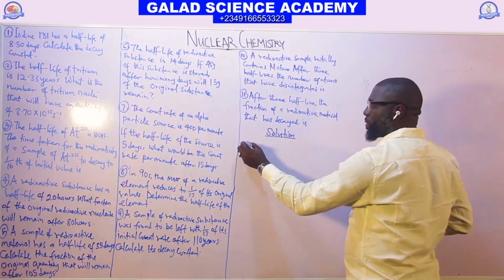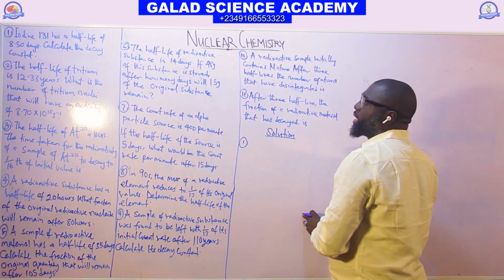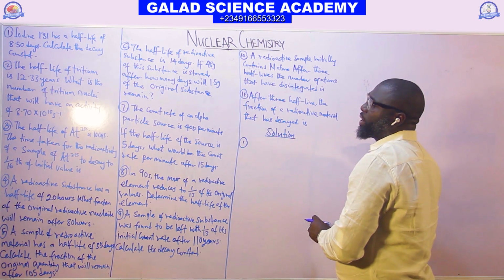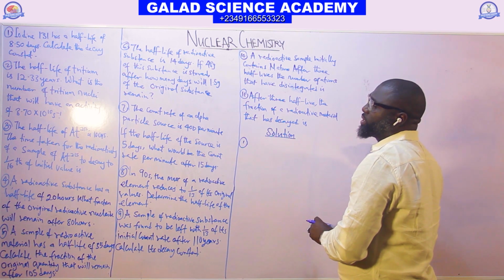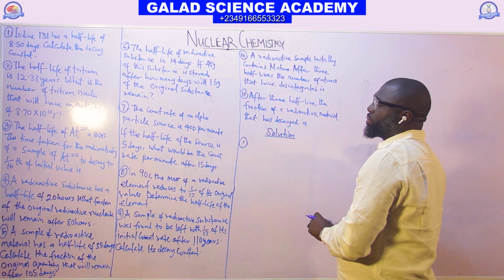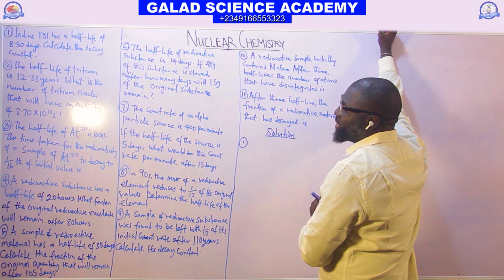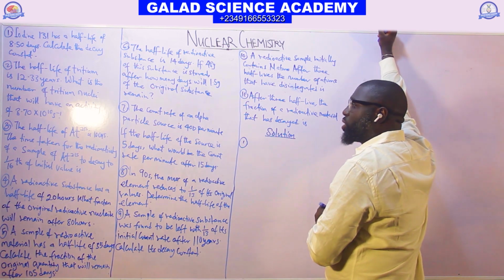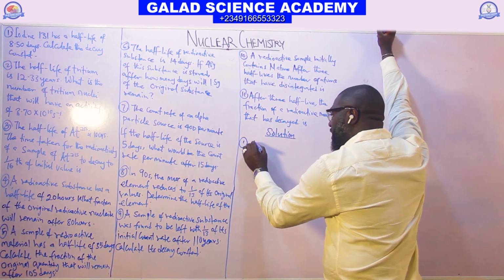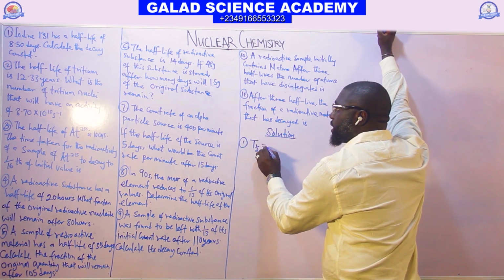We are given iodine-131 with its mass number, atomic number, and a half-life of 8.05 days. Calculate the decay constant.